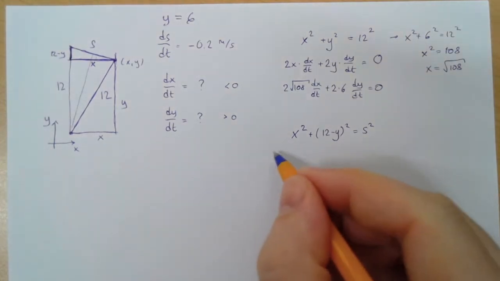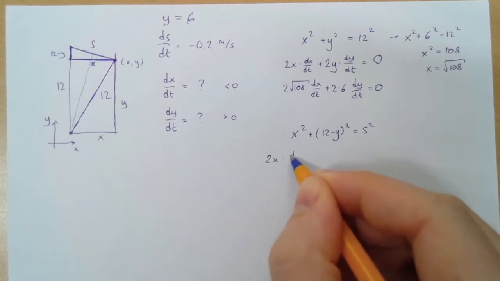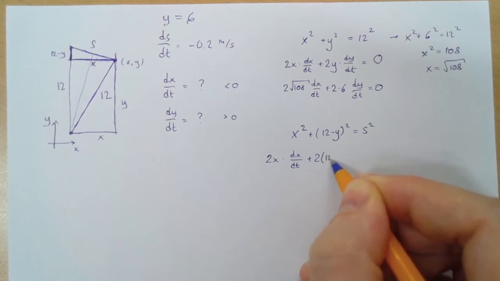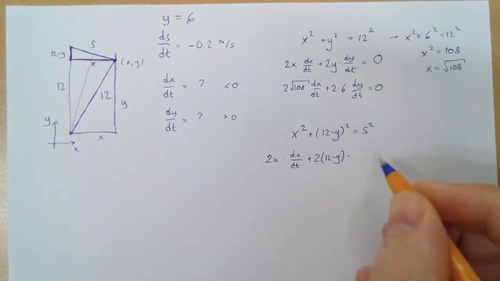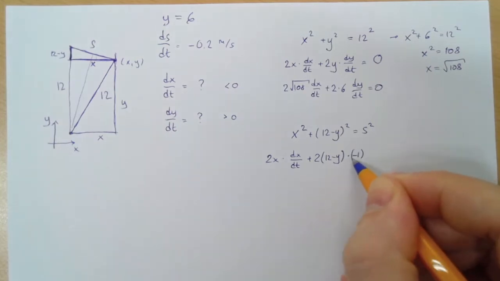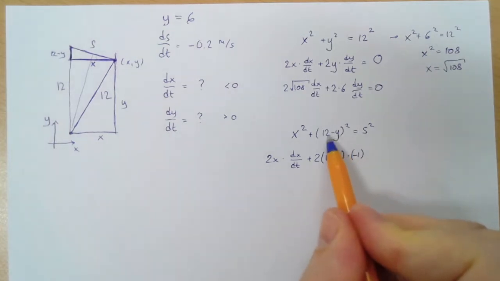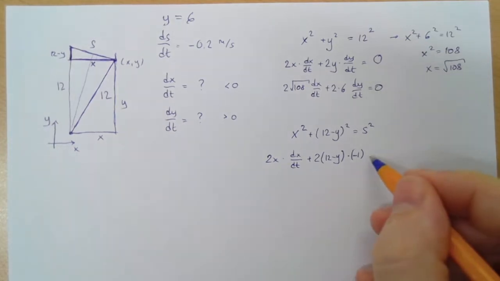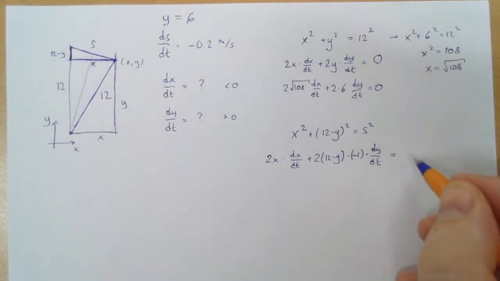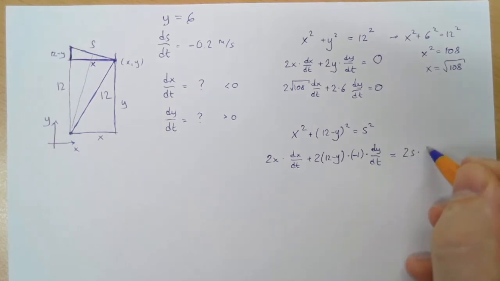If I take the derivative, 2x times dx/dt plus 2 times (12 minus y) times negative 1. That's the inside derivative, the derivative of 12 minus y, times dy/dt, equals 2s times ds/dt.